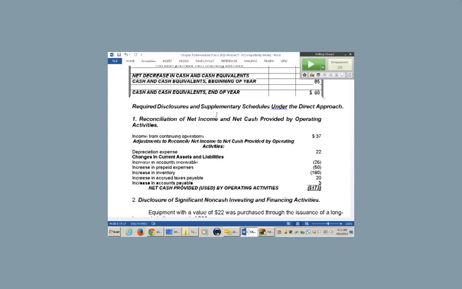And then we take the changes, which you developed here on page 3. So we know that depreciation, of course, is a non-cash expense. We add that back. Increase in accounts receivable, 25. Receivables that go up means that sales were not collected. Prepaid expenses of 50, meaning again that you debited a prepaid expense, you credit cash.